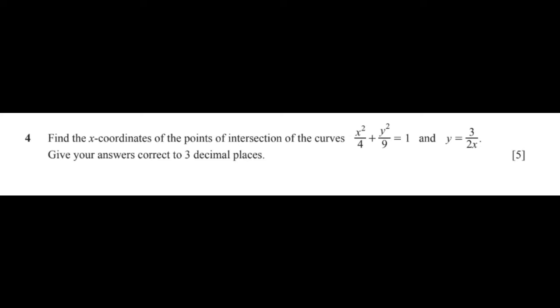Then we've got basically a reciprocal type function in the second. So there's no clear, easy way to use elimination. But substitution is pretty clear because we know we have an expression for y, right? We're given that y is 3 over 2x. So we'll just use that to substitute.